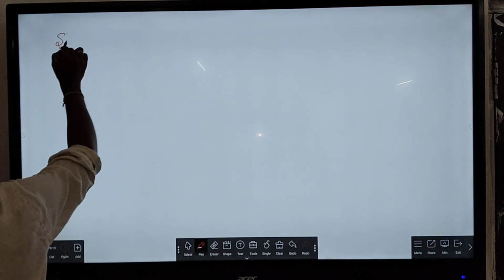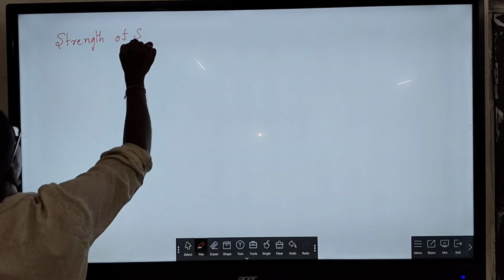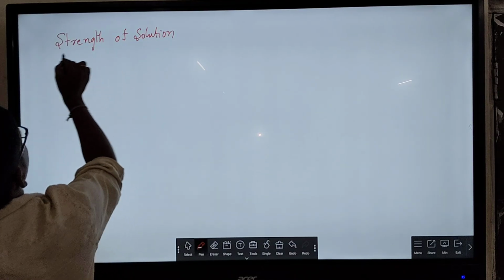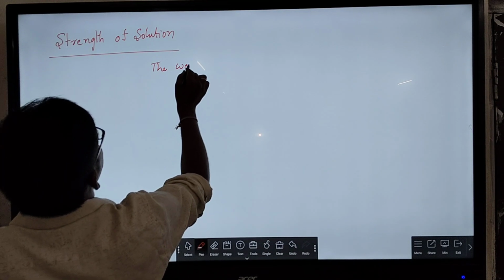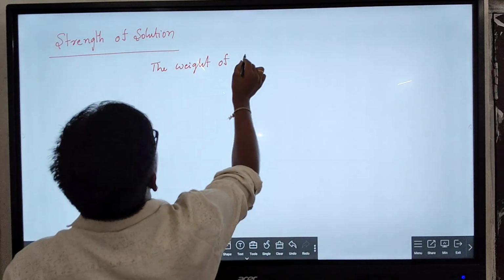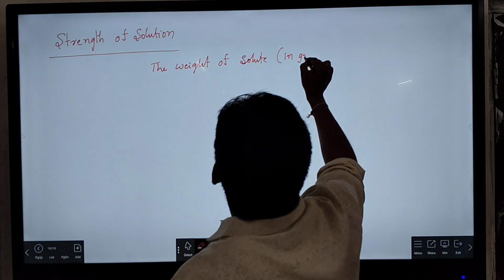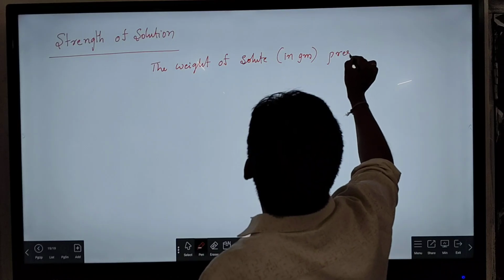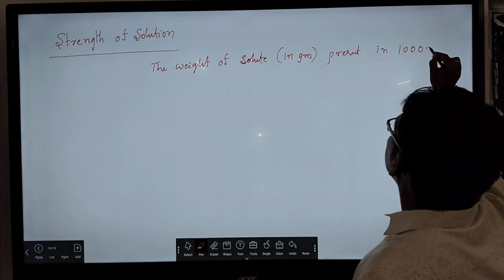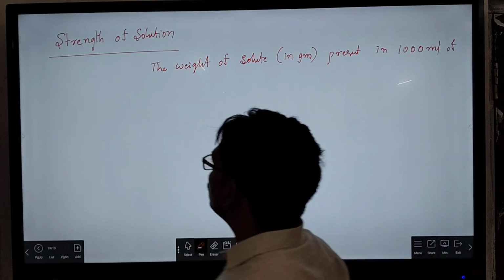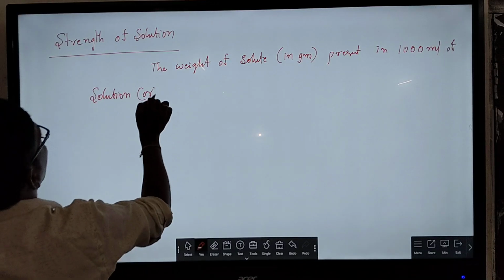Strength of the solution is nothing but the weight of solute in grams present in 1000 ml of solution, or 1 liter of solution.